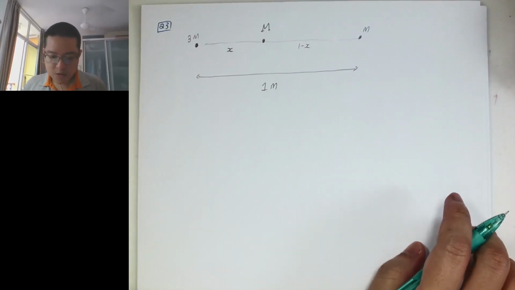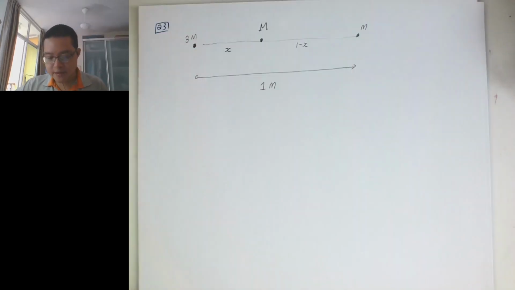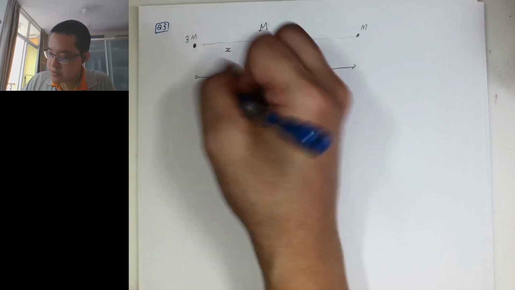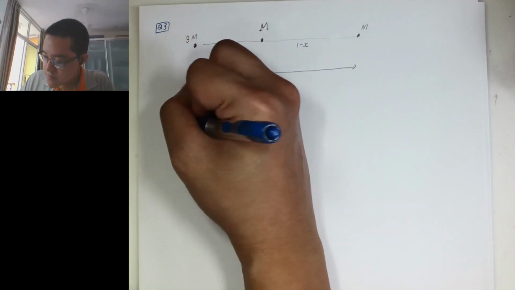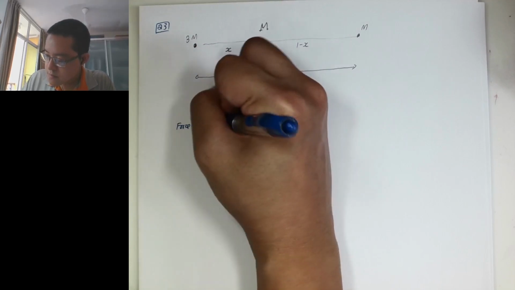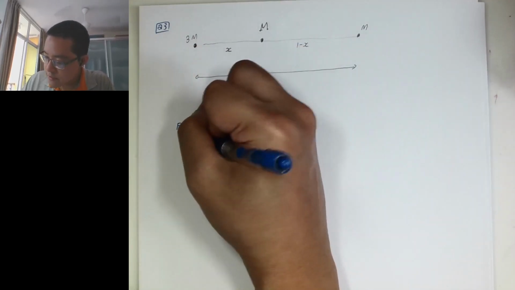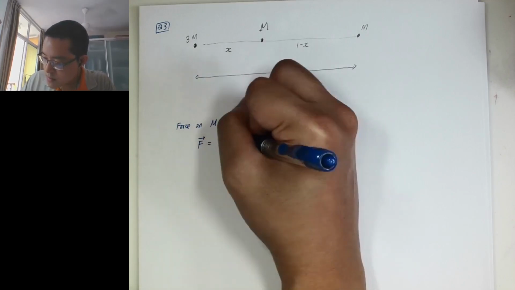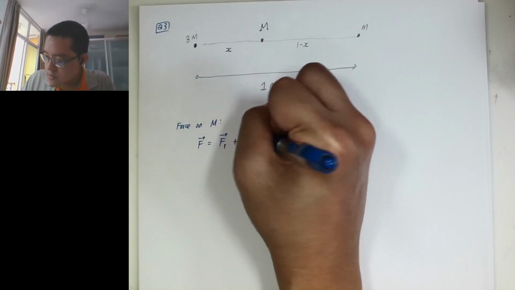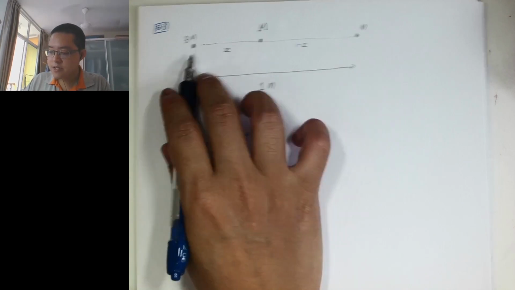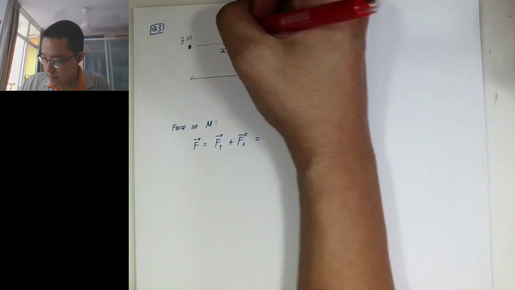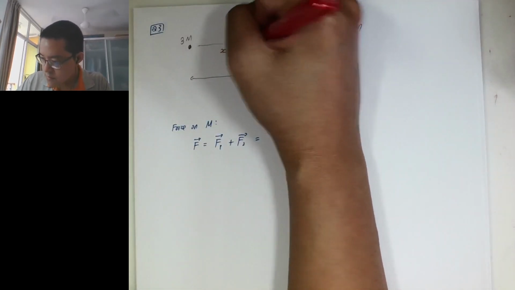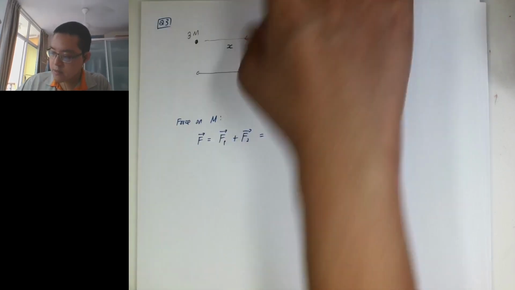Okay, so again, now let's look at the net force. So let's write the net force. The total force is F1 plus F2. The first force is attracting to the left, then the other force is acting to the right.